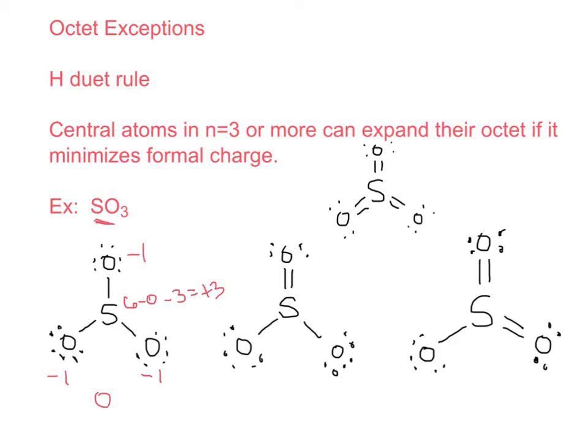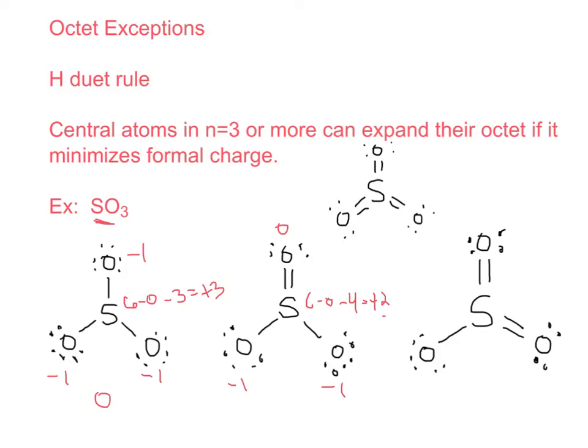Let's look at the second one. Well, now we're going to have a -1, a -1. The oxygen, when it's double bonded, has a formal charge of 0. 6 minus 4 minus 2 is 0. Let's look at the sulfur in the center. 6 minus 0 minus 4, that adds up to +2.